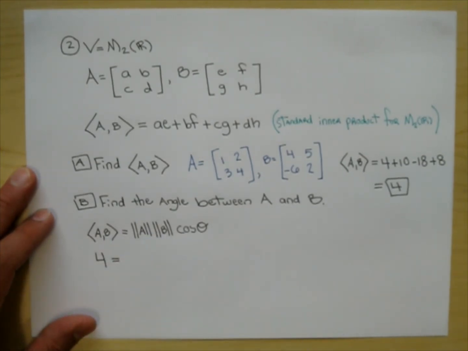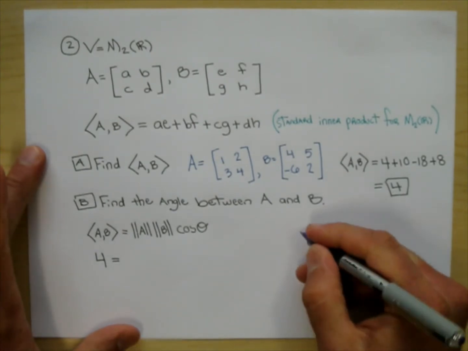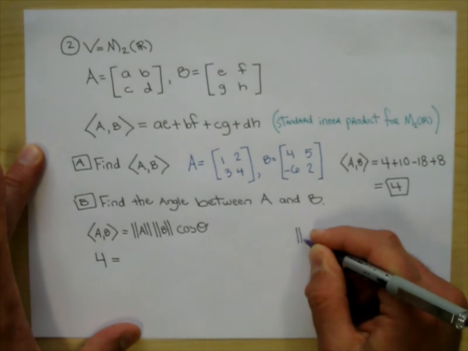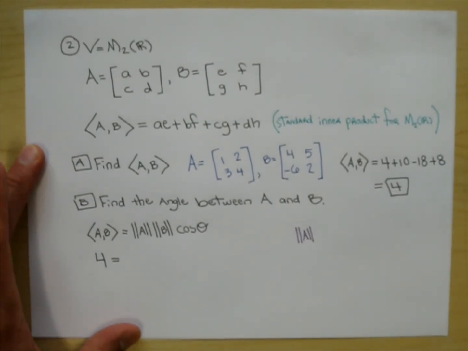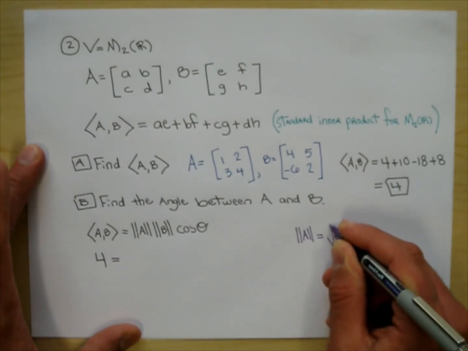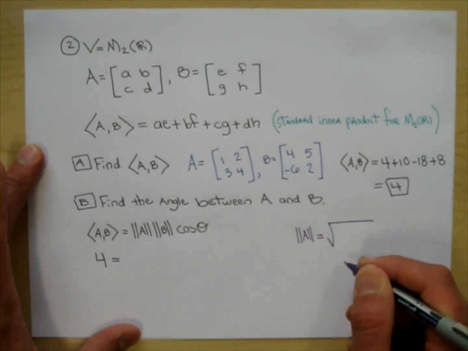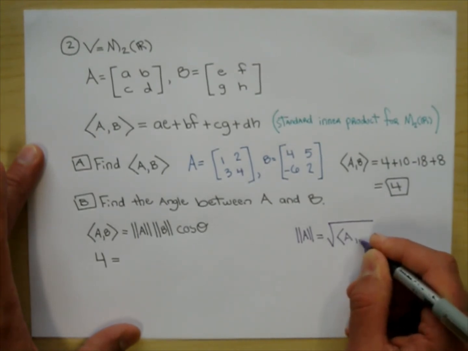Length A. Let me do that off to the side, just in case you're a little confused. If you look at your definition, the length, or the norm, of a vector is the square root of the inner product of A and itself.